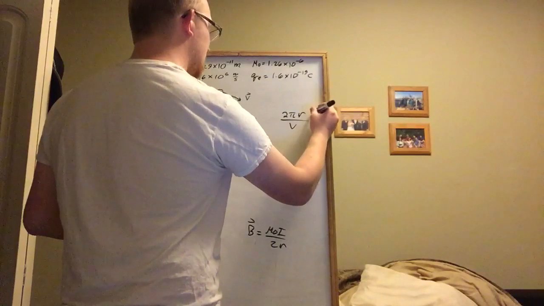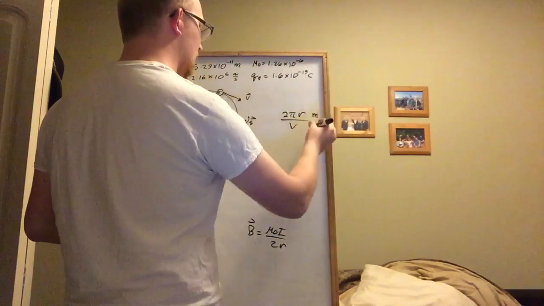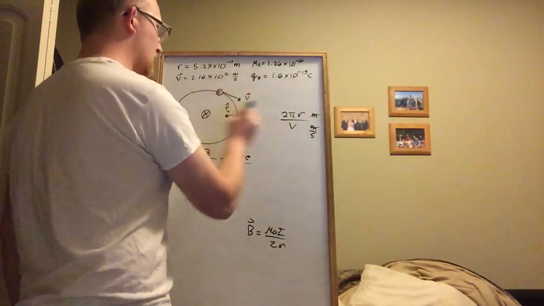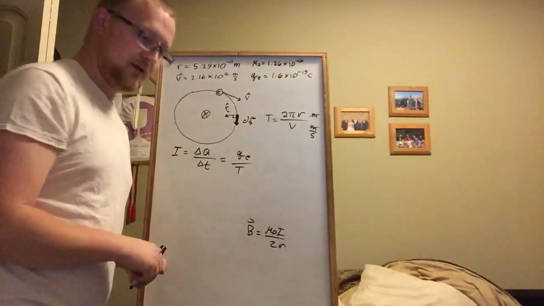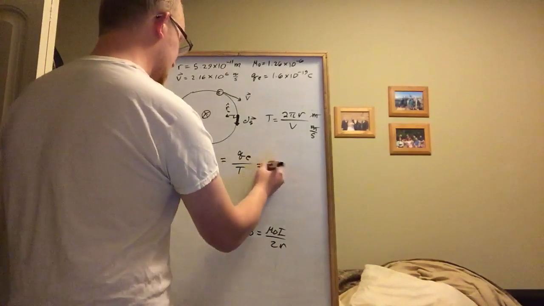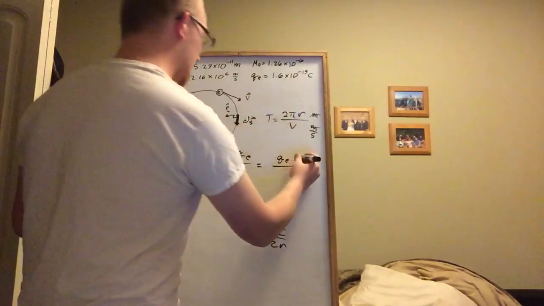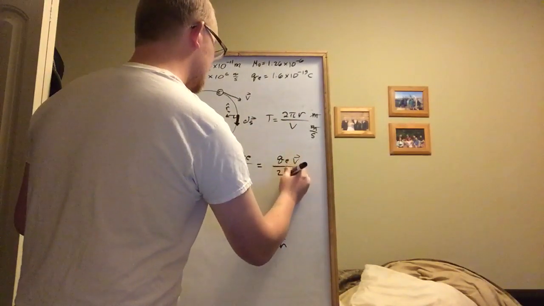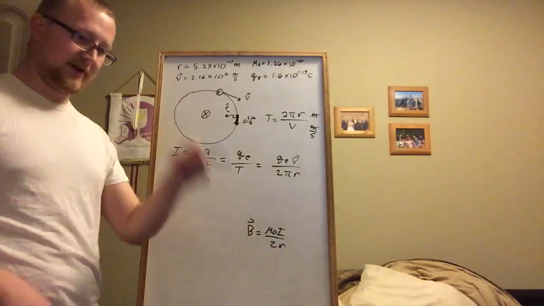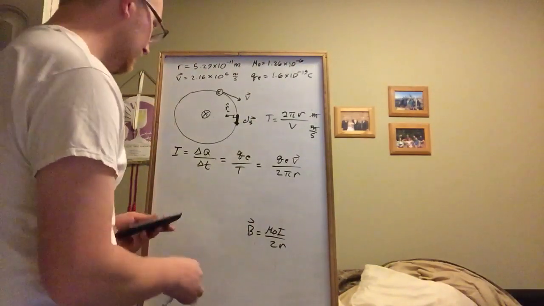The distance is in meters and the velocity is in meters per second, so if we invert and multiply, the meters cancel and we're left with the amount of time it takes to go around one full loop, which is the period. Now that we know the period, we know the current. So the current is Q sub E times v over 2 pi r. Let's solve for the current and then plug it into our derived value for the B field.